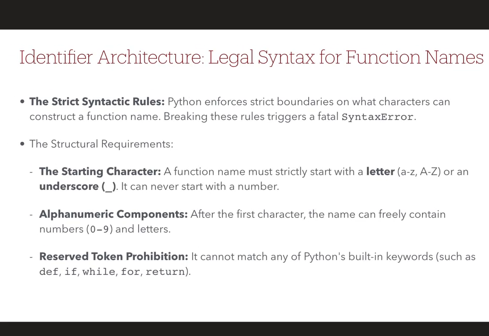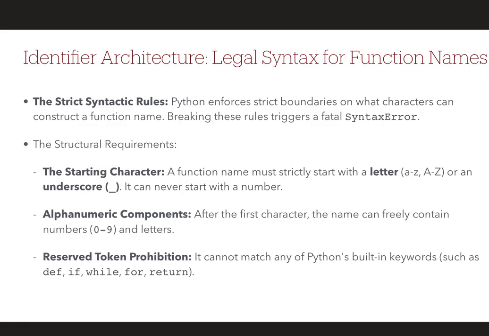So when I name a function, you need to follow the same rule as the names of the variables. The first letter must be an underscore or a letter, and you can combine letters and numeric values and or underscore, but the first letter must be either a letter or underscore.